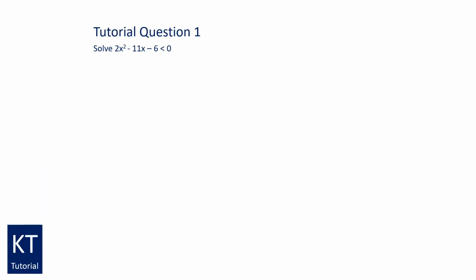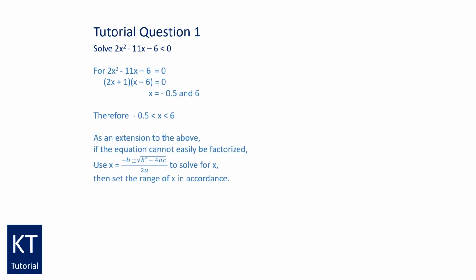To have a better grasp of the concept, let's move on to tutorial question 1, where we are asked to solve for the stated inequality. Knowing that the x² component of the entire equation is a positive 2, this is a U-shaped parabola. In solving the equation, we know that the parabola cuts the x-axis at -0.5 and 6.